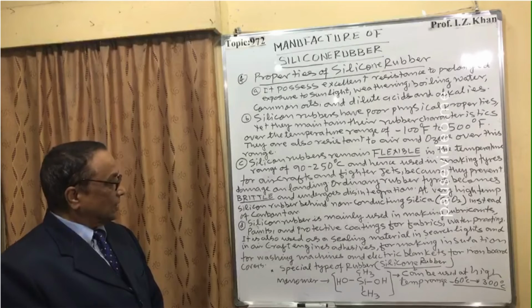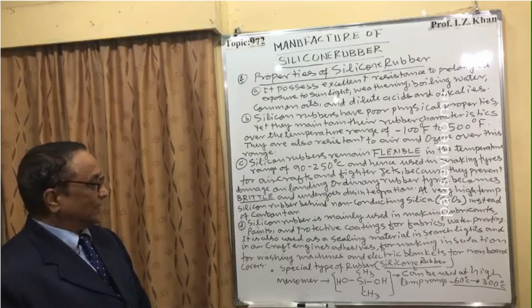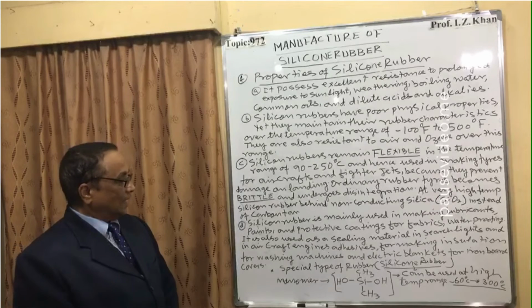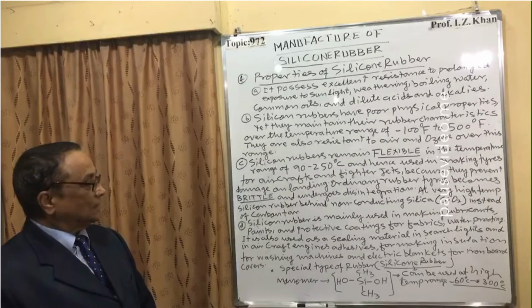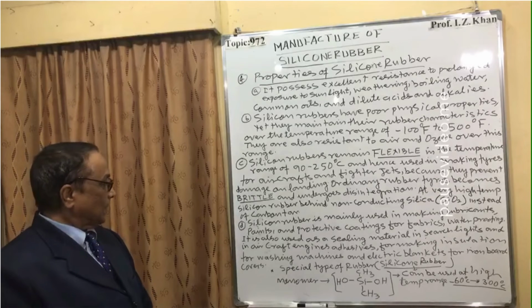D. Silicone rubber is mainly used in making lubricants, paints and protective coating for fabrics, water proofing.